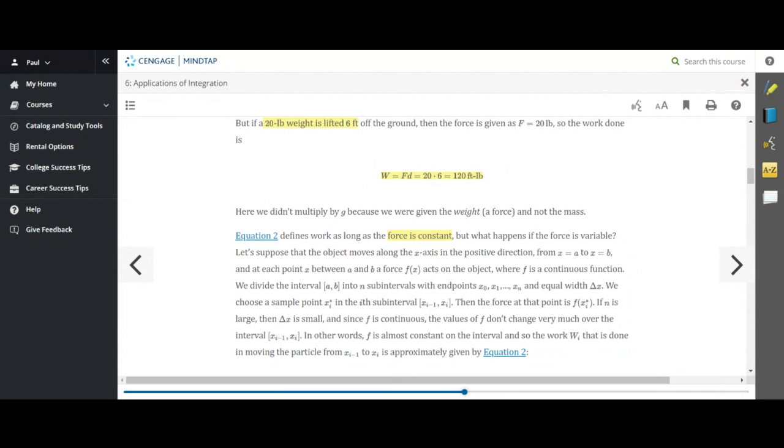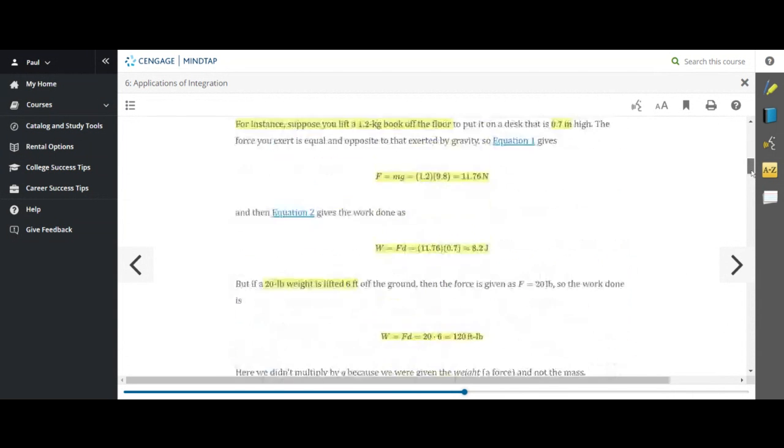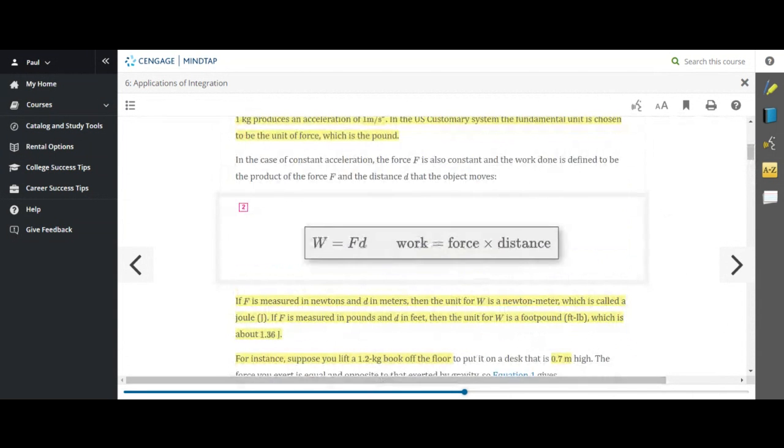Now, these little examples that we did, where you're using work equals force times distance, are examples where the force is a constant force. You've probably seen these kinds of problems in your science classes, maybe in high school.